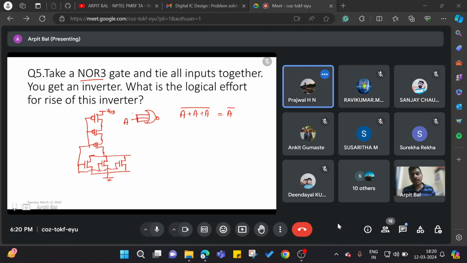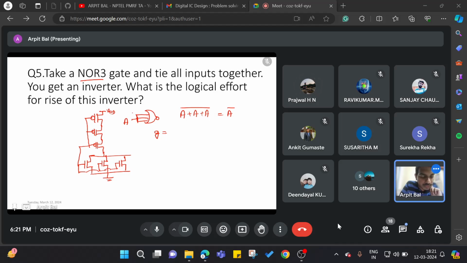Okay, yeah. So I just need to calculate the G. In the lectures you must have seen that it was calculated for G rise and G fall, and it was taken with respect to a reference inverter. For G rise we used to take the same sort of PMOS as the reference inverter, and for G fall the same sort of NMOS.